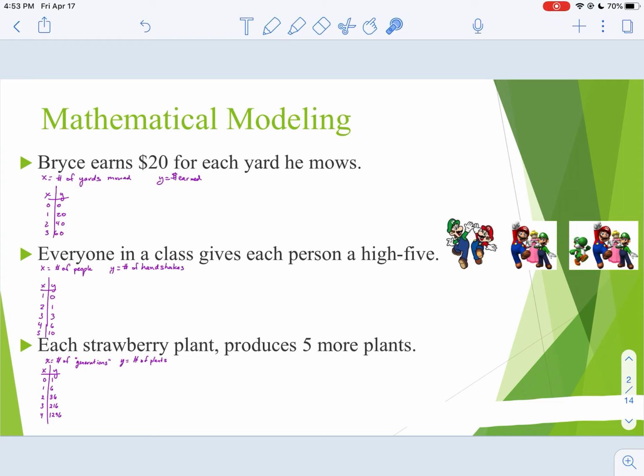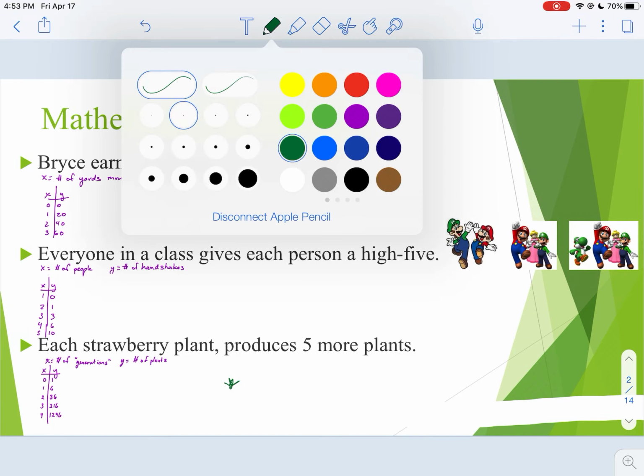And then I have some strawberry plants in my garden, and I don't know if this is actually accurate, but pretend that each strawberry plant grows, and then as it grows and matures, it puts off little runners. So you end up with, okay, I'm a horrible artist, but here's a little strawberry plant. What it does is it shoots out little runners.